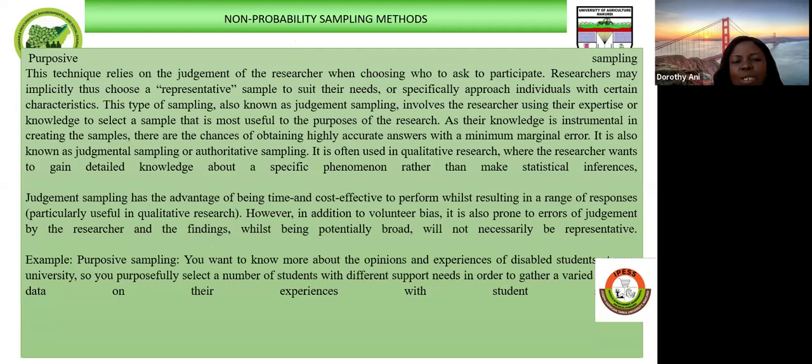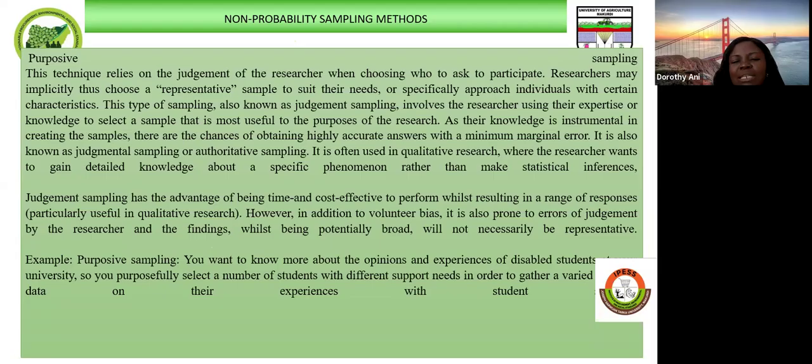This type of sampling, also known as judgment sampling, involves the researcher using their expertise or knowledge to select a sample that is the most useful to the purpose of the research. As their knowledge is instrumental in creating the sample, there are chances of obtaining highly accurate answers with a minimal marginal error. It is also known as judgmental sampling or authoritative sampling.